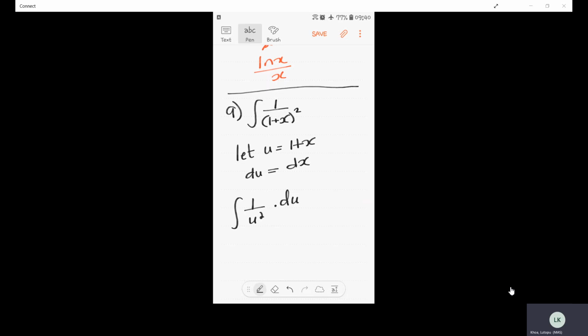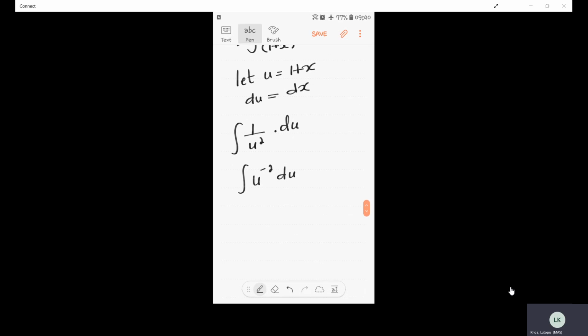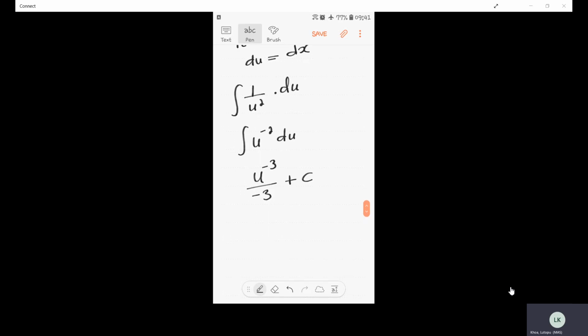Okay, then integrating this is the same as u to the power of minus 2 du. And then what we have here is u to the power of minus 3 divided by minus 3 plus c. Not minus 3, sorry, minus 1 over minus 1. So you have to add 1 to the power, and then plus c.